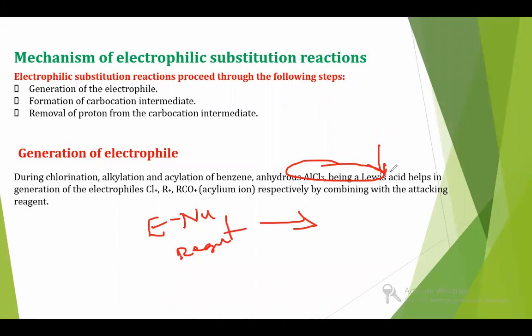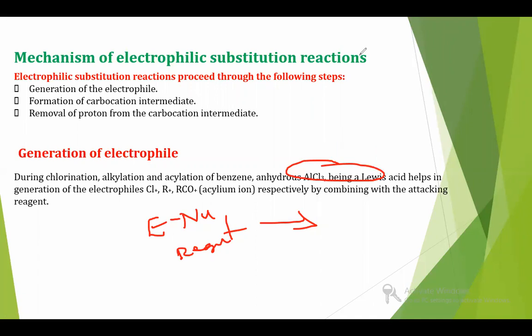These are Lewis acids. The catalyst's role is to make the strong electrophile, the generation of a strong electrophile. Which type of catalyst will we use here? Anhydrous aluminum chloride or iron chloride. These are Lewis acids.